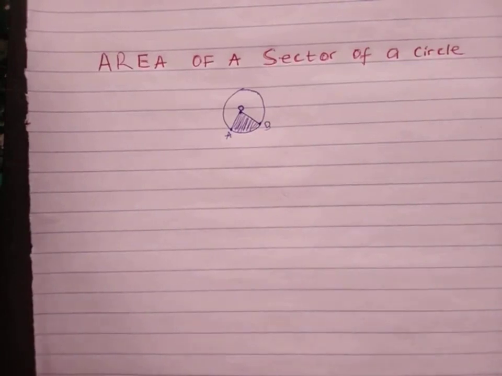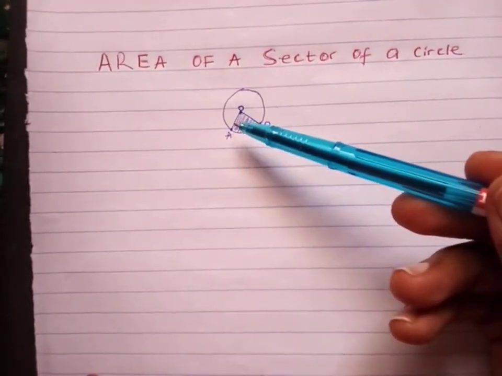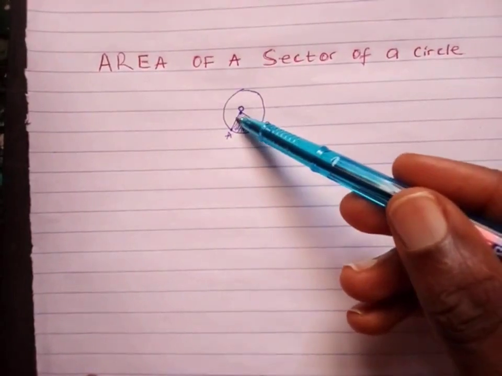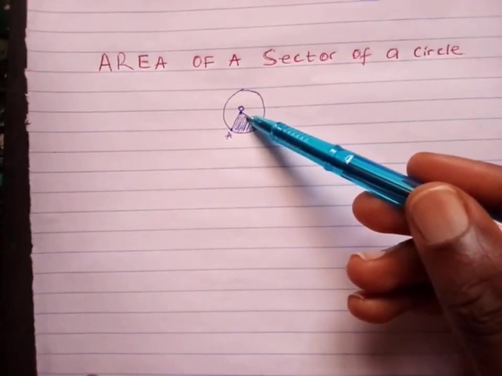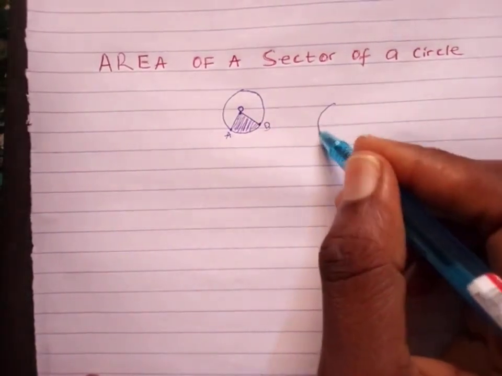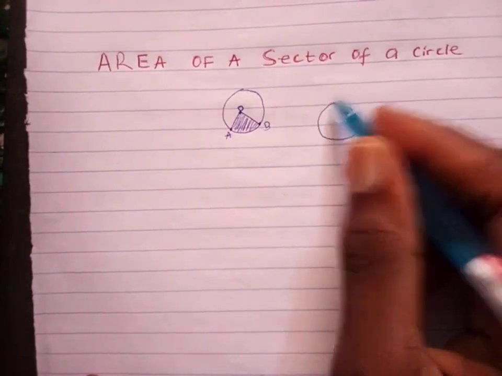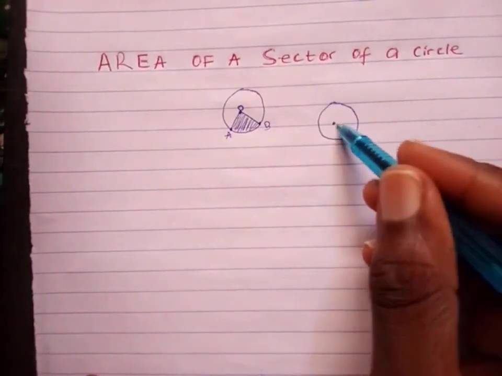So, in order to find the area of a sector, we need to know the radius and we need to know an angle that is subtended at the center of this very circle. Take for instance, you have a circle and this is the center.